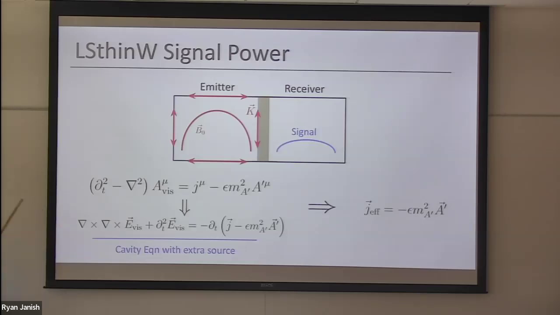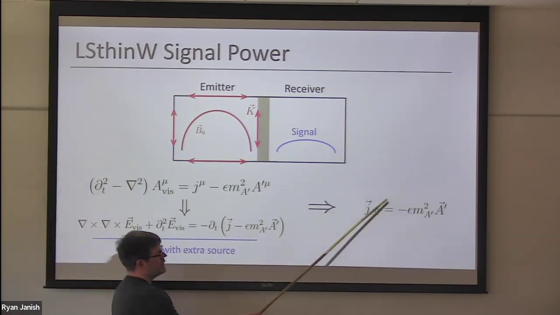This just follows from those previous field equations that I've written down. This looks like just the ordinary wave equation for the visible field with this additional term in it. So we can identify this term as an effective current. And then the physics of how a current inside of a cavity generates cavity modes is a well understood thing. We can apply that understanding. We just need to figure out what this effective current is.